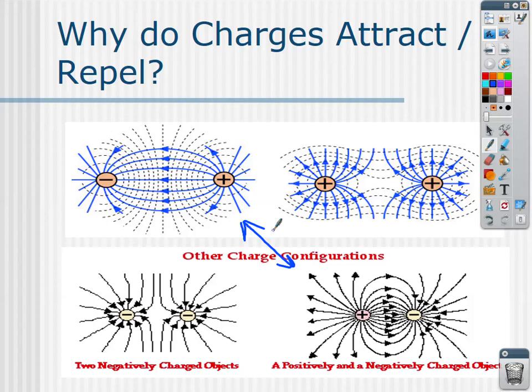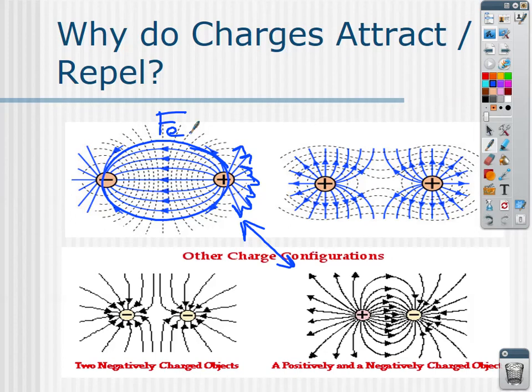Well, if I draw these field lines coming out of positive, and the idea is these field lines come out everywhere, they're coming from all sides of that charge, just like the earlier picture showed. Those positive lines would be drawn out, and the negative charge is pulling those lines in. Therefore, we are creating this electric force between them, and therefore they will be attracted and move toward each other.